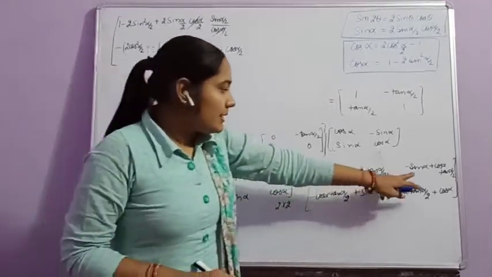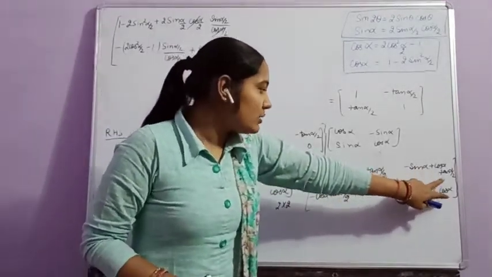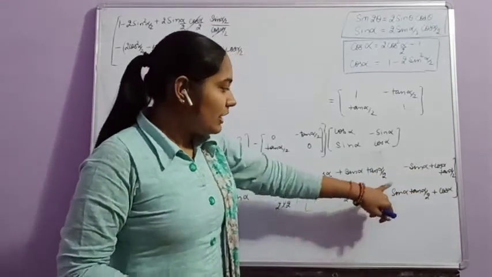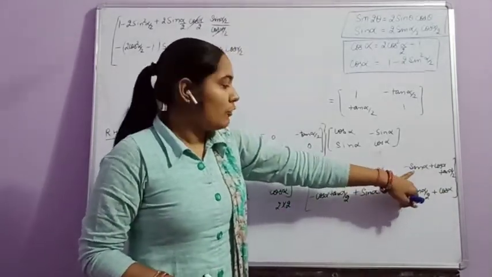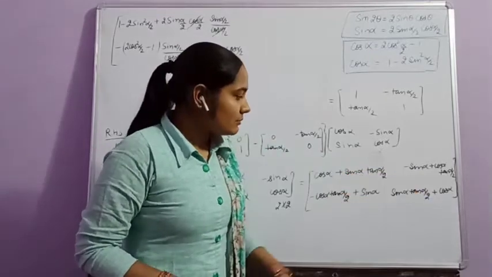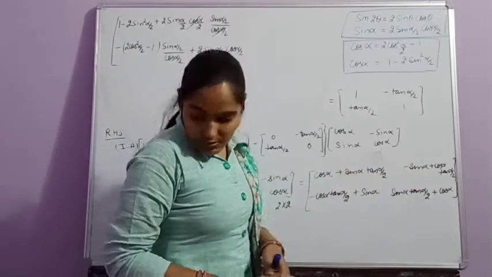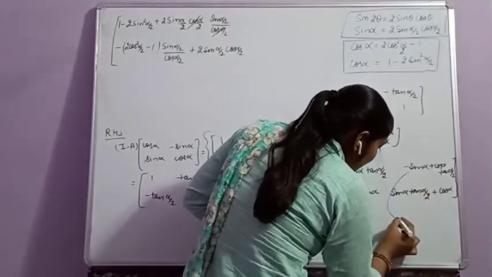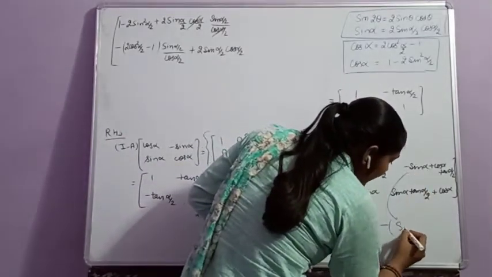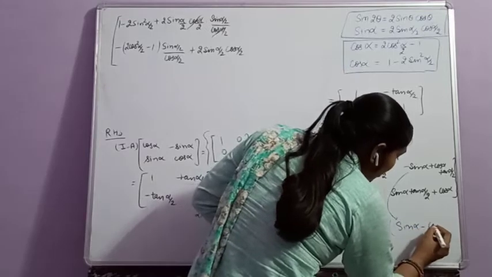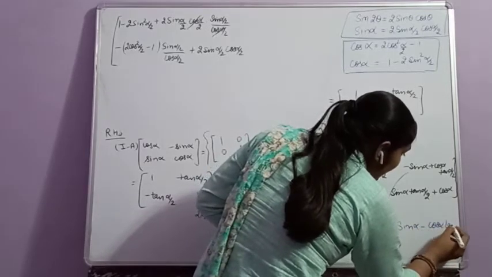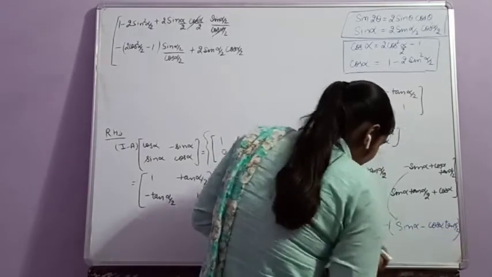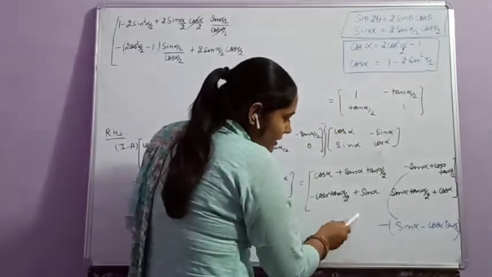And in the third part, we can see minus sin alpha plus cos alpha tangent alpha by 2. If we take minus common from these two, then that part will be minus common, sin alpha minus cos alpha into tangent alpha by 2. And we can see that both are same.